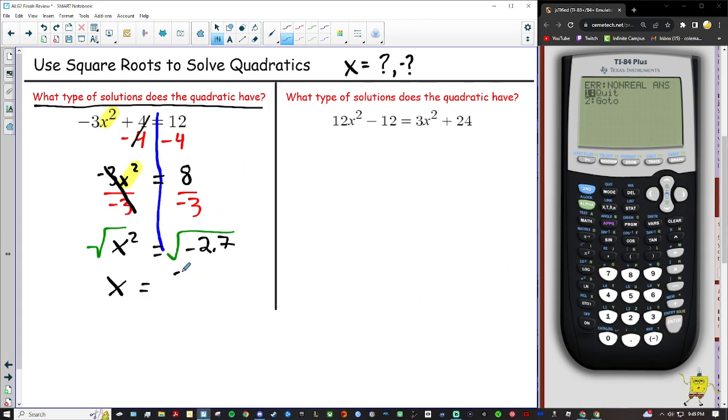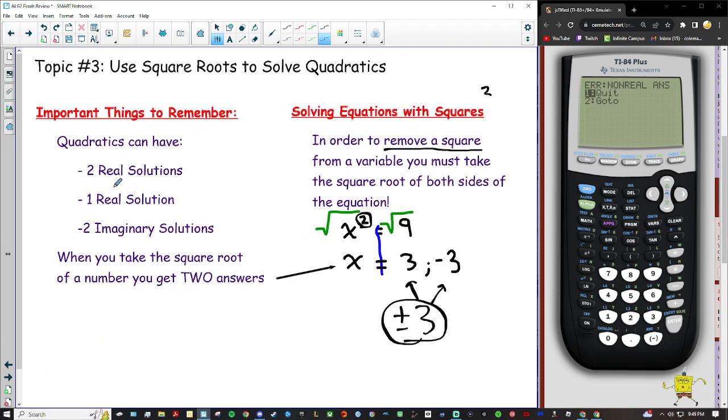And what does that tell us? That tells us that this problem has two imaginary solutions. If we look back at those notes, 2 imaginary solutions happens when we take the square root of a negative number.